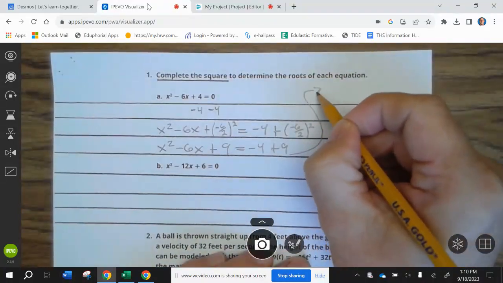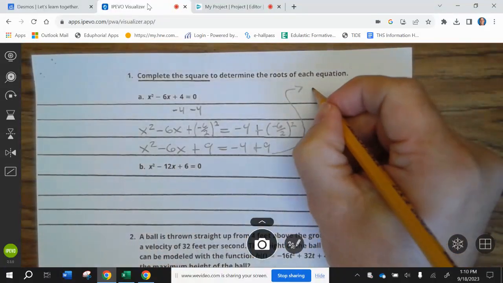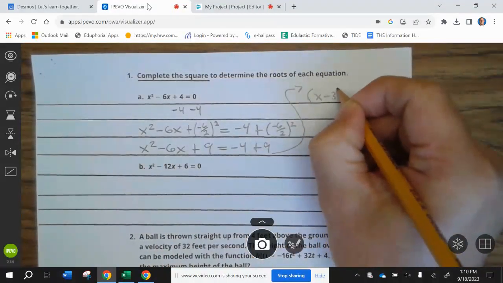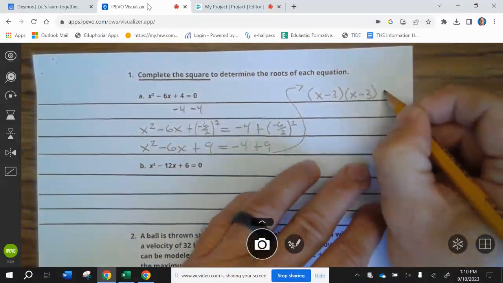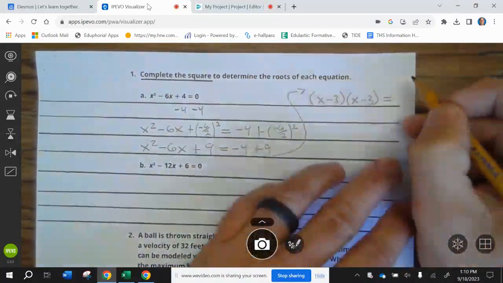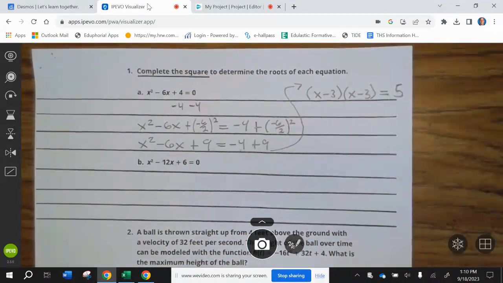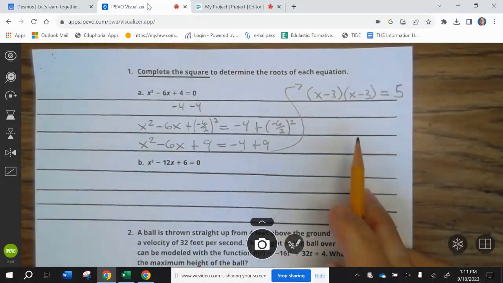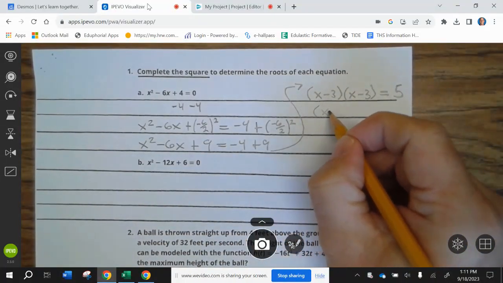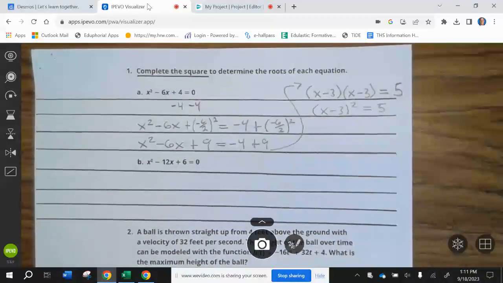Bring our work up here because we've run out of space. Now, this can be factored as x minus 3 squared equals negative 4 plus 9 is 5. And we got the negative 3 from here, negative 6 divided by 2. So then this becomes x minus 3 squared equals 5.